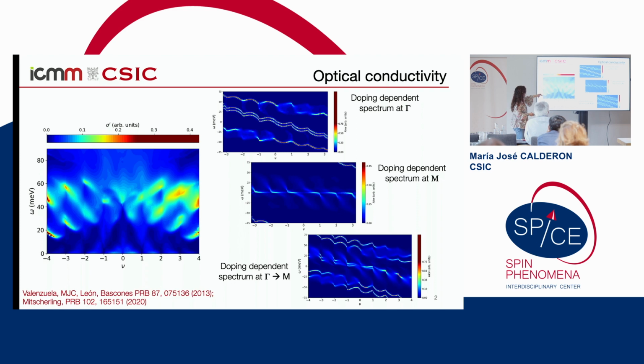And these signatures can be understood as coming from this transition. So optical conductivity, when this is the Fermi level, would take you from below the Fermi level to above the Fermi level.